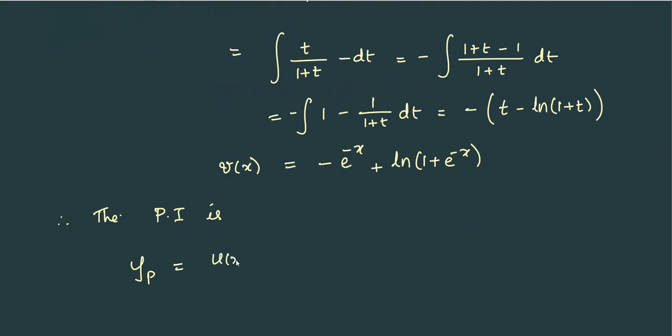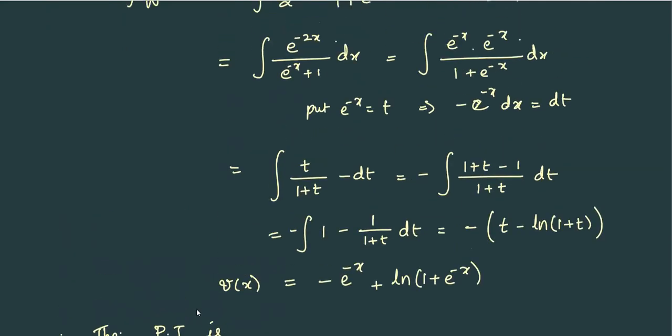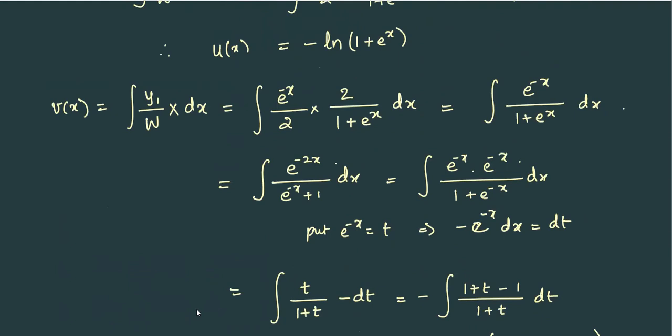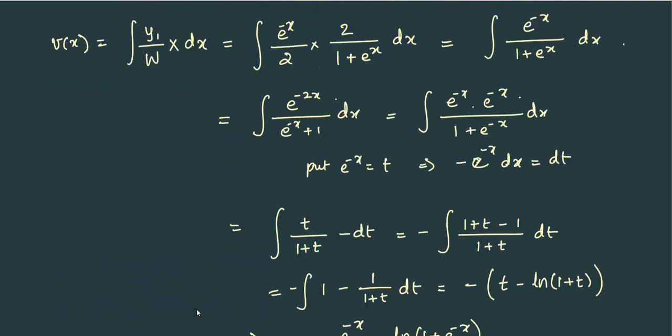Therefore, the particular integral is u of x times y1 plus v of x times y2. Now, what is u of x?